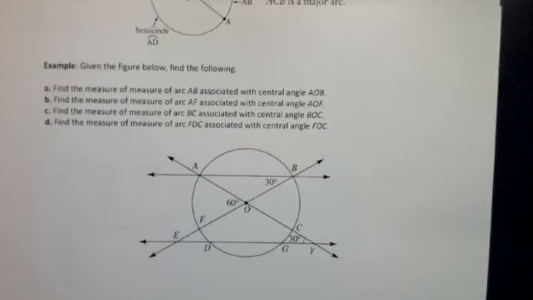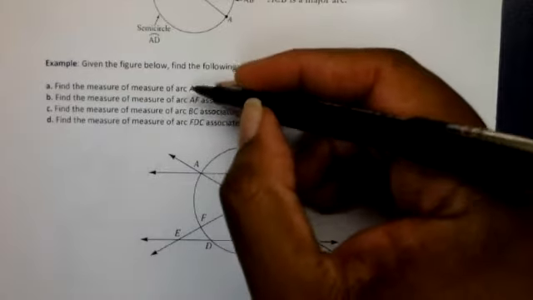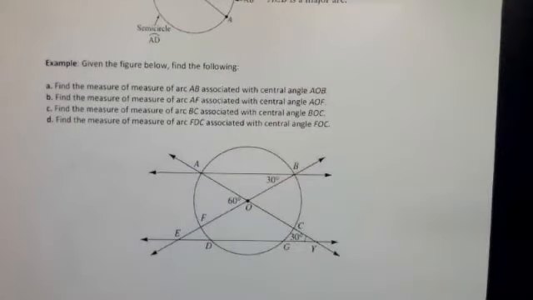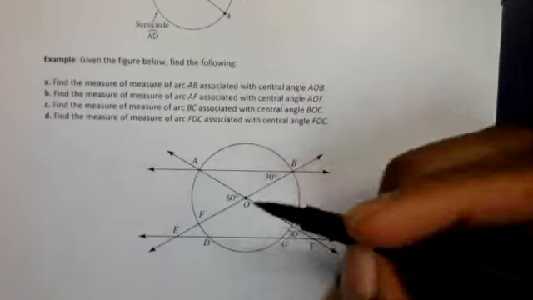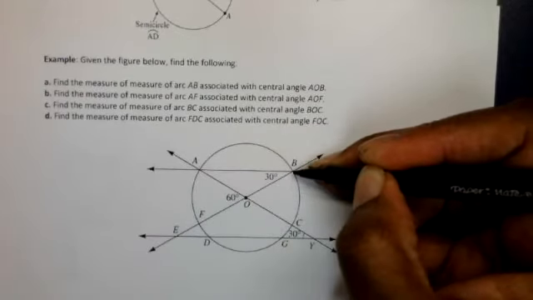Like in part A, I want to find the measure of arc AB associated with the central angle AOB. Let's see, here's A, here's O, and that's B.